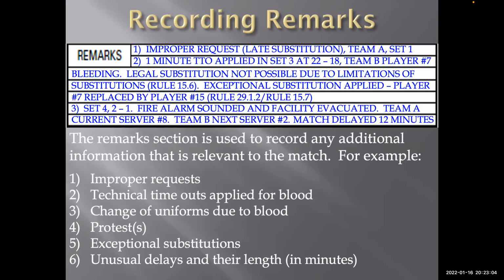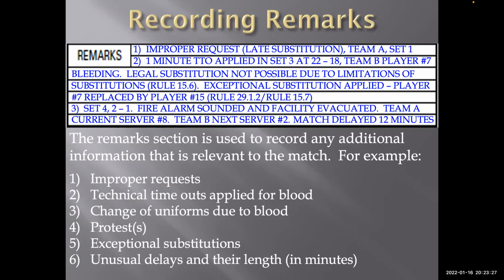Any questions about sanctions at all? Okay, remarks. A lot of this stuff will all be guided by the referee. So improper requests will be recorded. If there's a blood technical timeout, those are recorded in here.